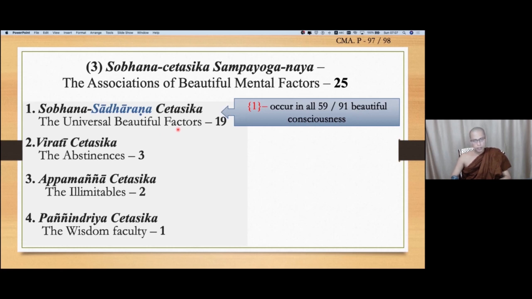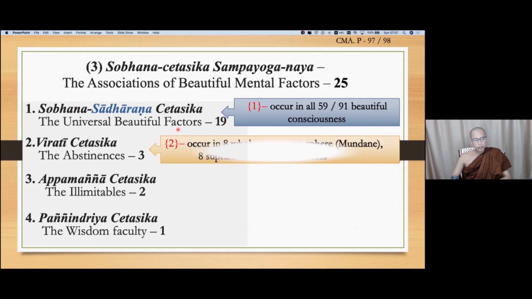Then for the second group, this is the second way. The 3 Virati Cetasika, they occur in 8 wholesome sense-sphere mundane consciousness. These we call the great wholesome.